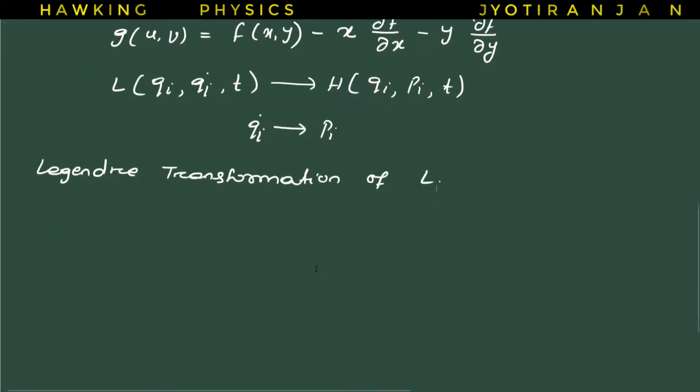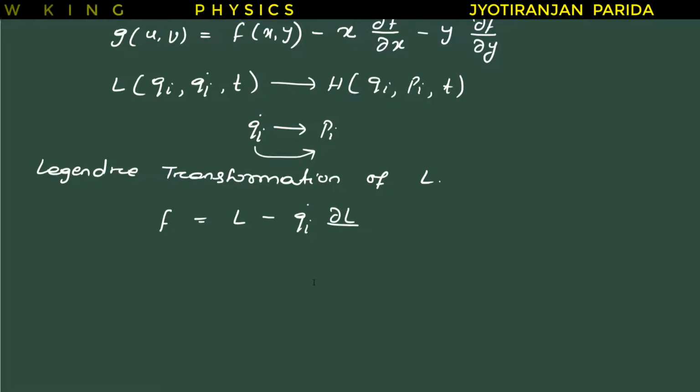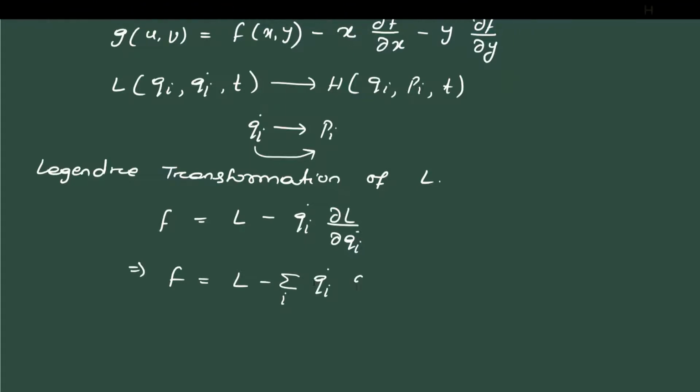Okay, then just see, here you can write a new function equal to the Lagrangian minus, since we have to change only the qi dot term, qi dot times ∂L by ∂qi dot. With the subscript i, take a summation symbol here, or you can write f is equal to L minus the sum over i of qi dot ∂L by ∂qi dot.